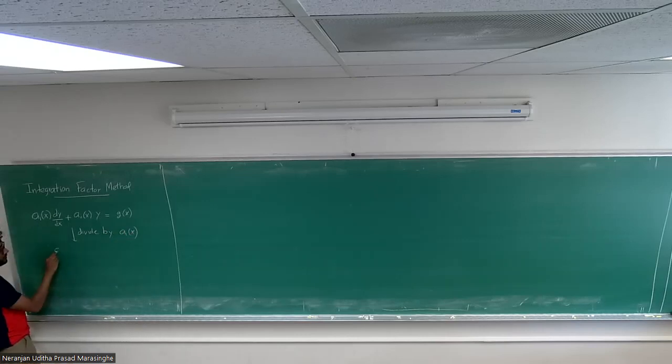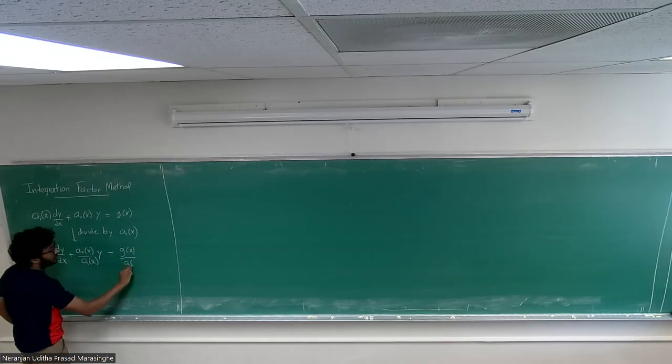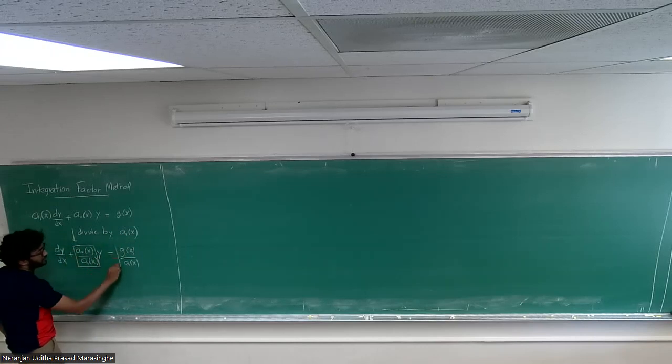So then you would get something like this: dy over dx plus a naught(x) divided by a1(x) times y is equal to g(x) divided by a1(x). So this is your p(x) and this is your f(x).